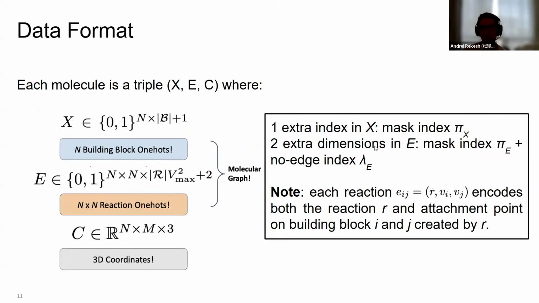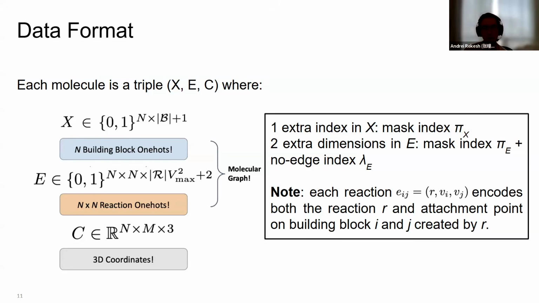We basically flatten a triple that encodes the reaction and the attachment point on the incoming and outgoing building block. So if there's a reaction between building blocks 1 and 3, we also encode the reaction along with the reaction type.